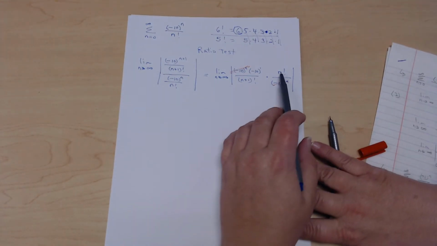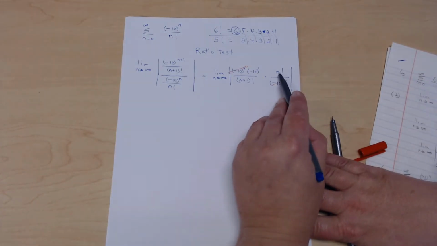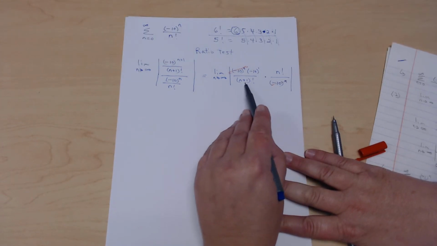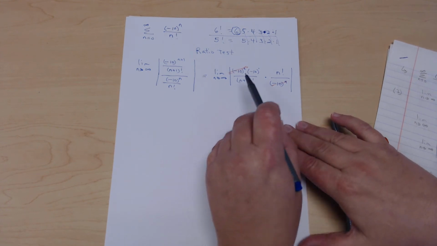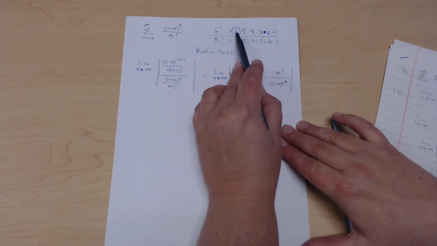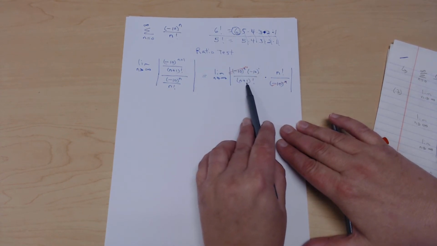And then what else? Think of this, if this would actually be like 5 factorial, and then if I plug in a 5, this would actually be like the 6 factorial. And so this extra number, this n plus 1, is the only thing remaining.